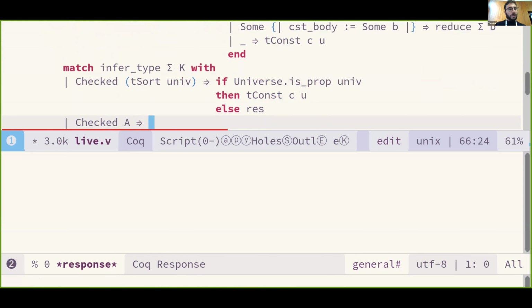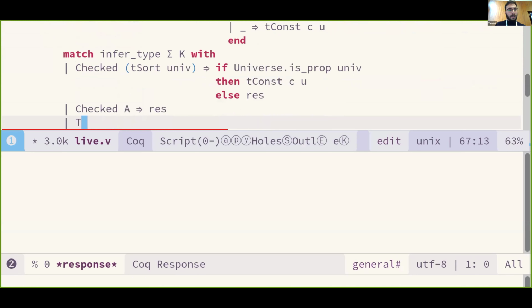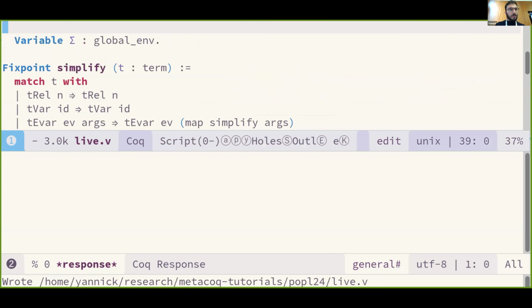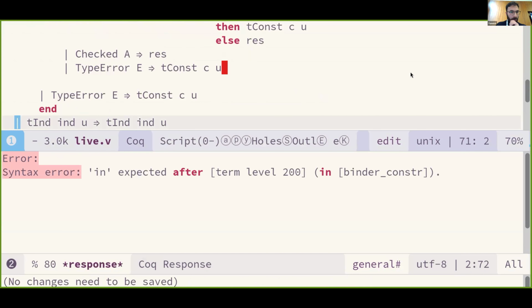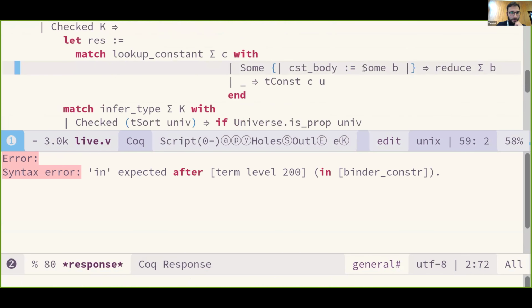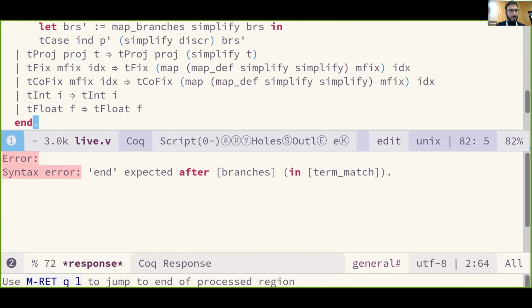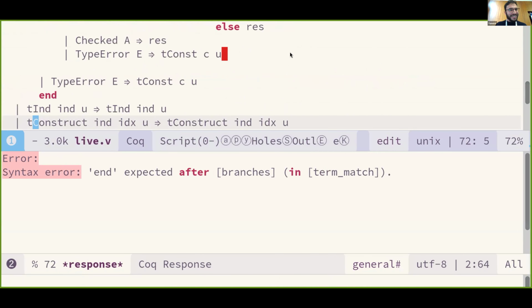Here we also return the result. And in the type error case, we just return the initial constant. Maybe this is working. No. Ah, but we can, seasoned Coq programmer, as you can see. Great.